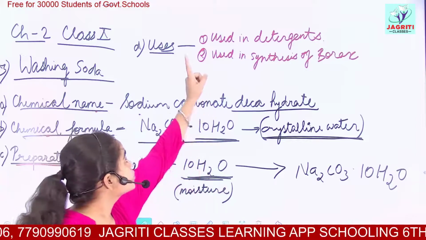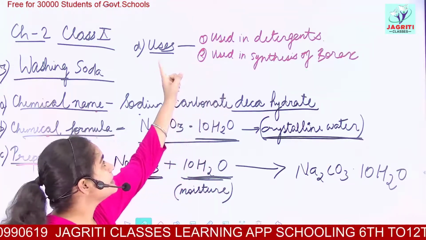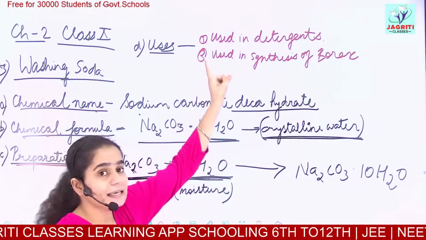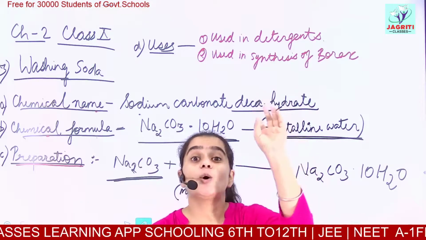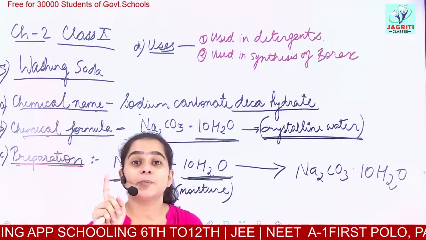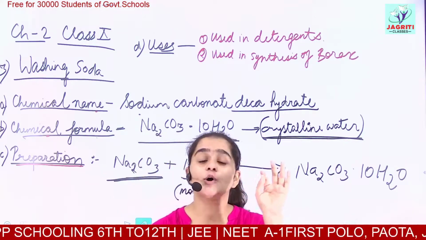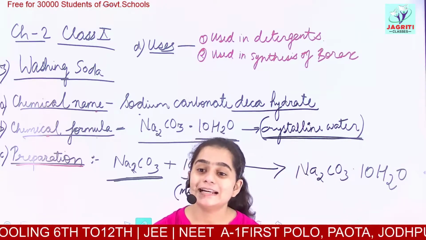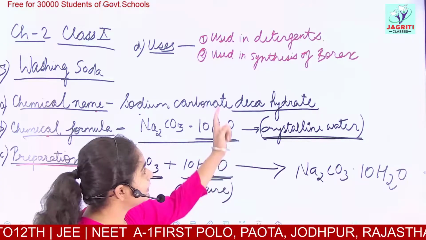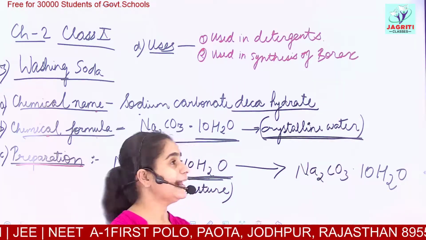Then you can come to its uses, that is, firstly, it is used in detergents or soaps. We'll study the mechanism of action of soap and detergents in the next units. In carbonate compounds, there is given how soaps function. What is the mechanism behind the function of soaps? Then the second use comes, it is used in the synthesis of borax.